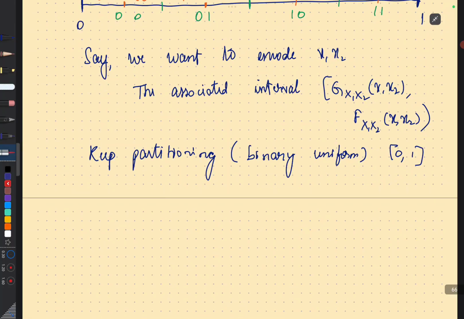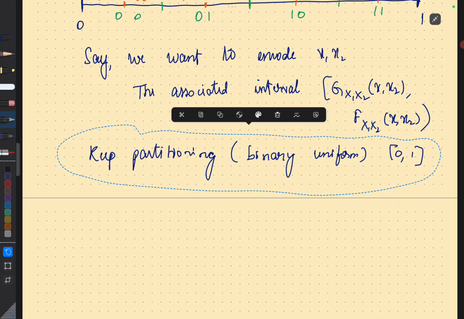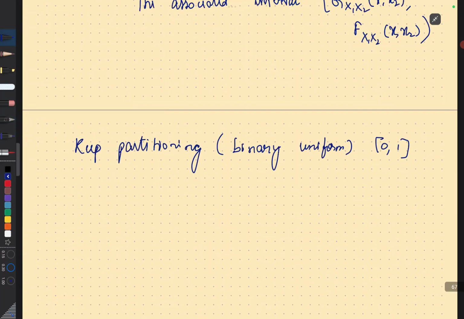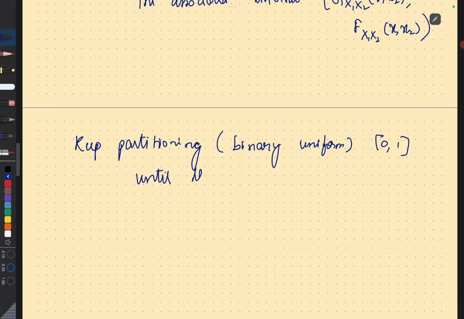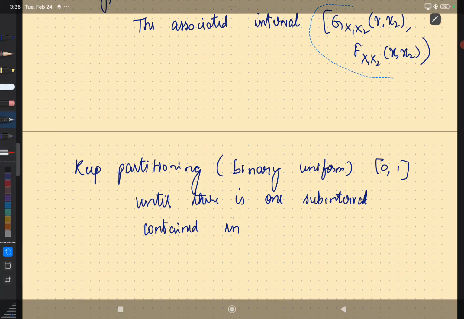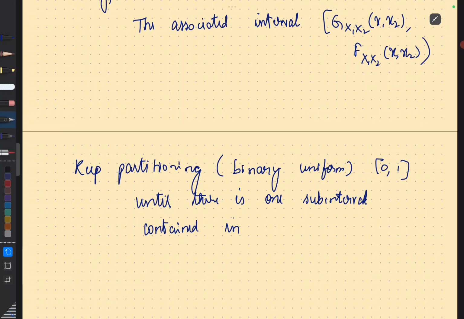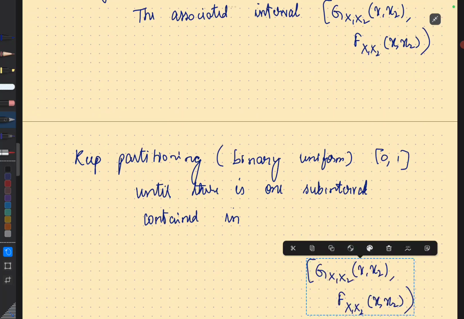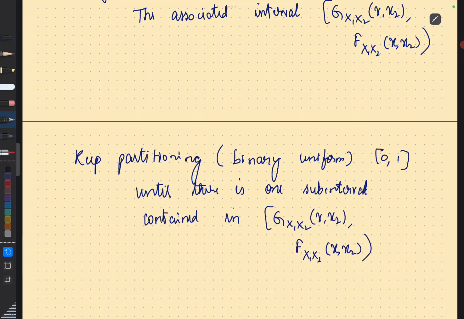I keep doing this process until there is one subinterval that is contained in this particular interval. So how many times I would have to partition depends on the values of the probabilities.